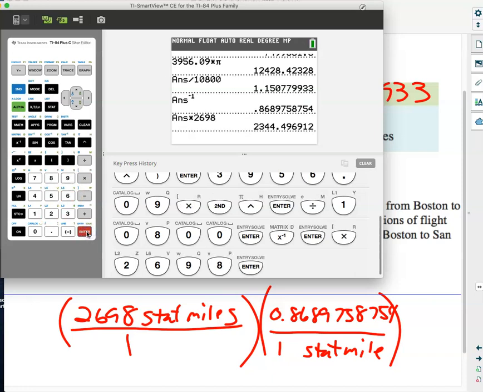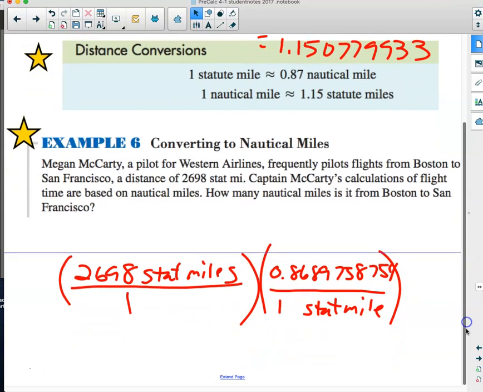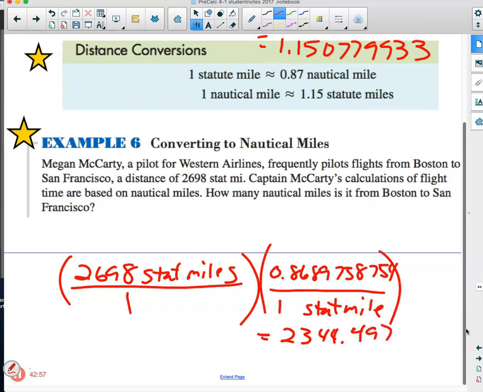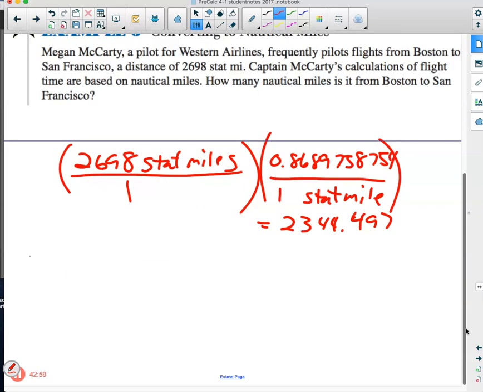So 2,344.497 to 3 decimal places. And that, of course, will be in nautical miles.